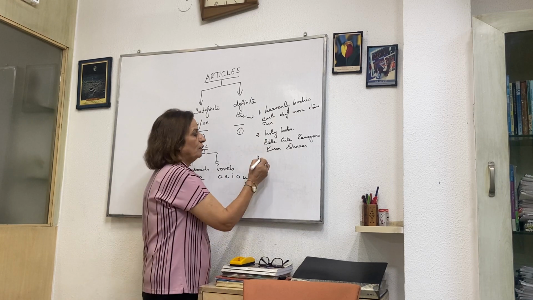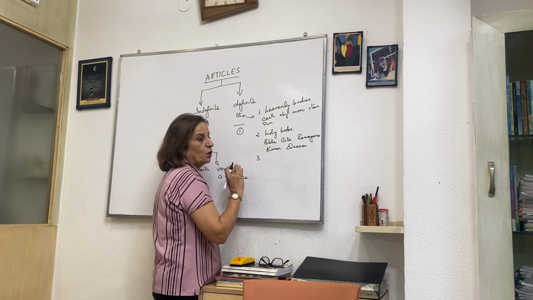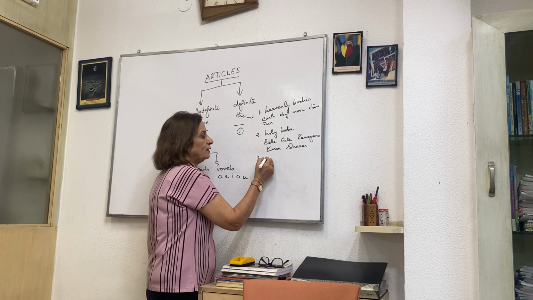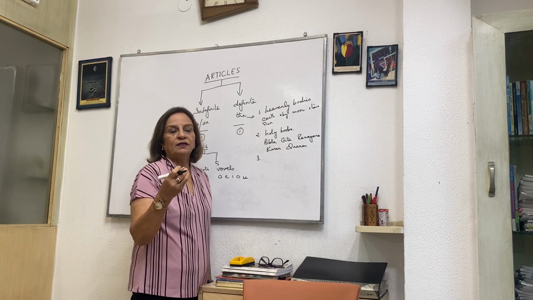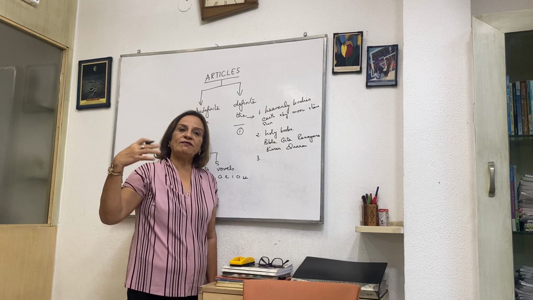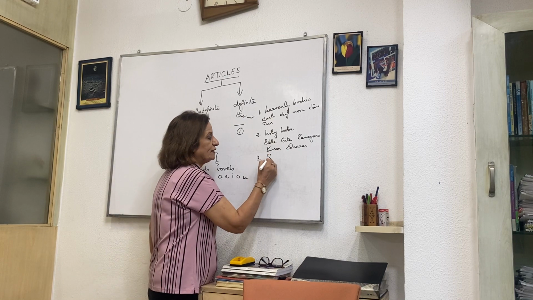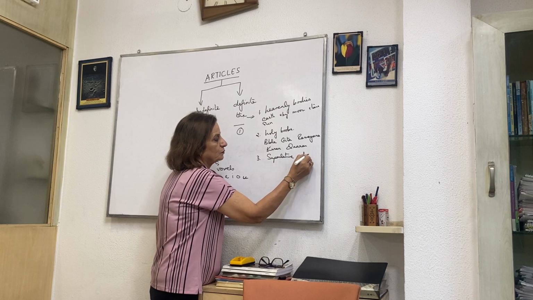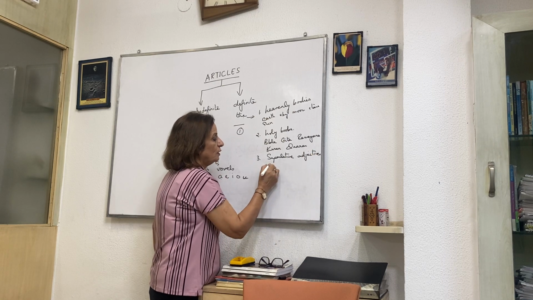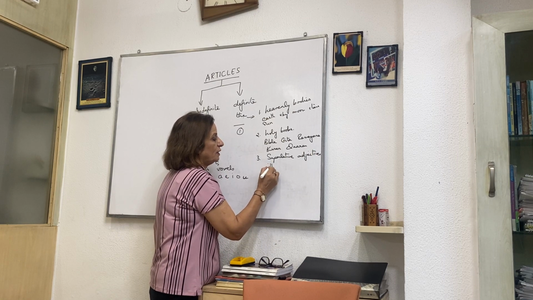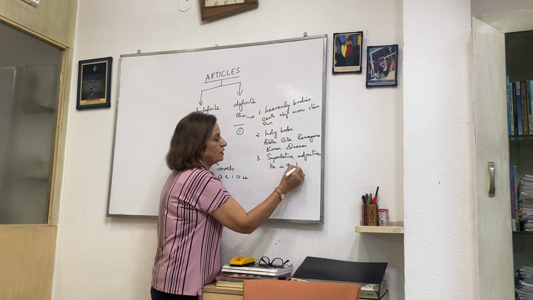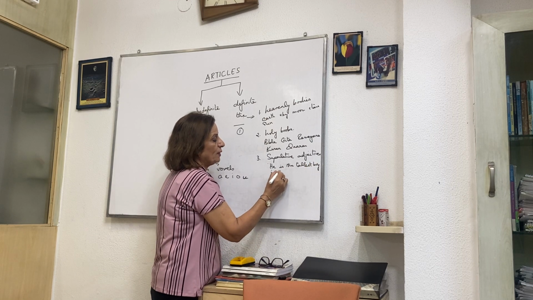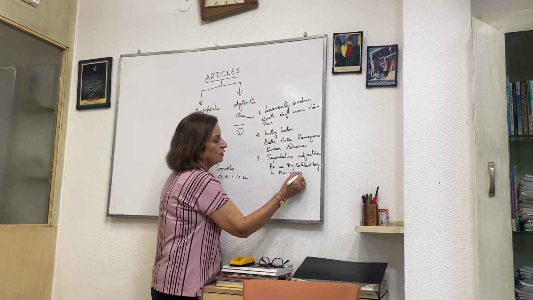Now rule number 3. With musical instruments we do not use the. I will tell you for what all we are using the. In adjectives, there are three types: the positive, the comparative, and the superlative. With superlative adjectives, we always use the. For example, he is the tallest boy in the class. Means there are many boys, but he is the tallest of all.